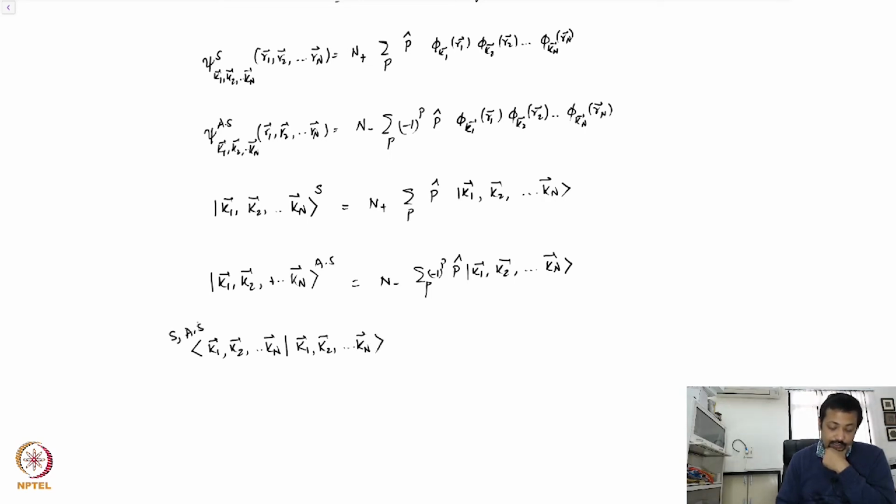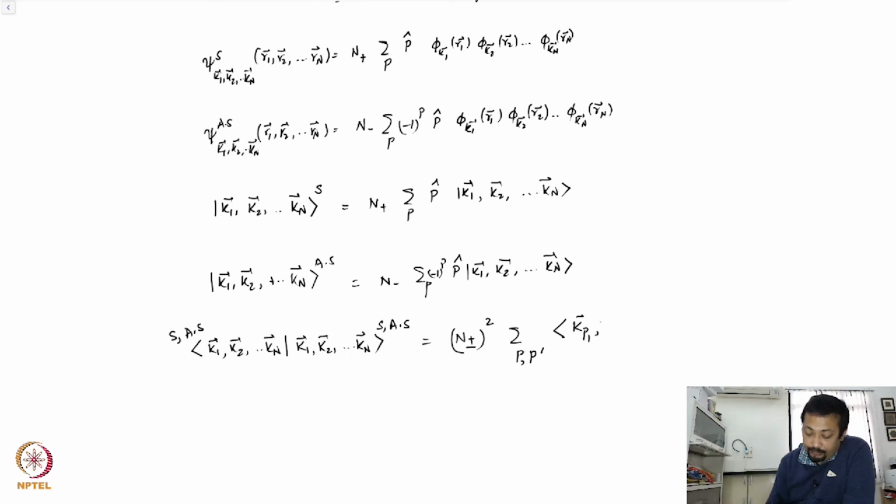For symmetric as well as antisymmetric, we have N plus minus whole square, the sum over P and the sum over P prime, two possible permutations, and then I'm going to have k of p1, k of p2, k pn, with k p1 prime, k p2 prime, k pn prime.